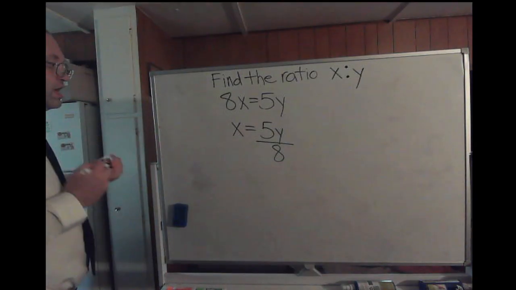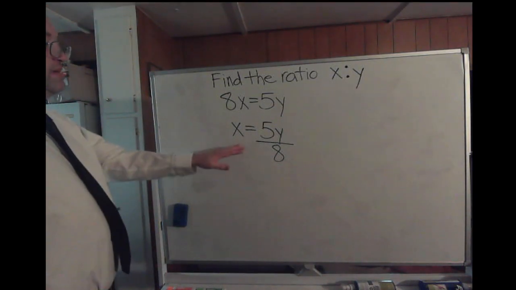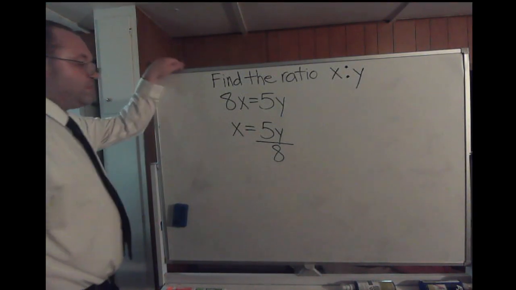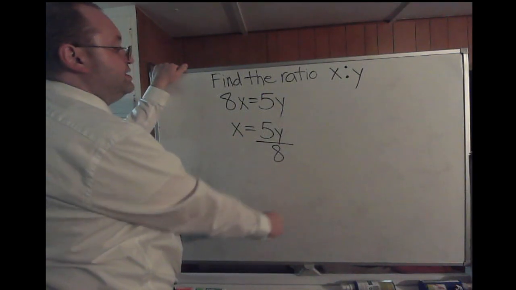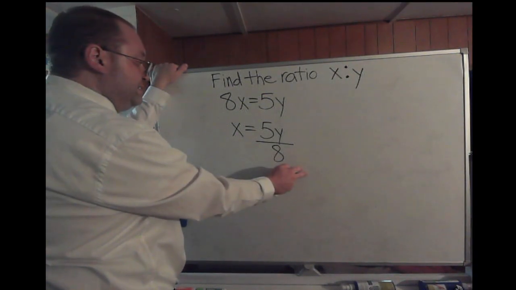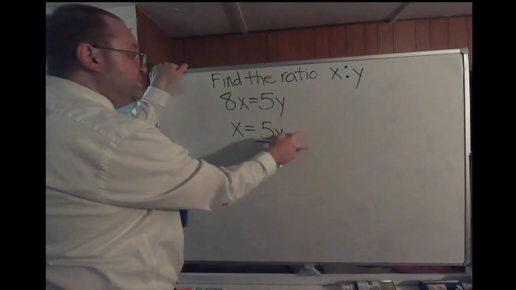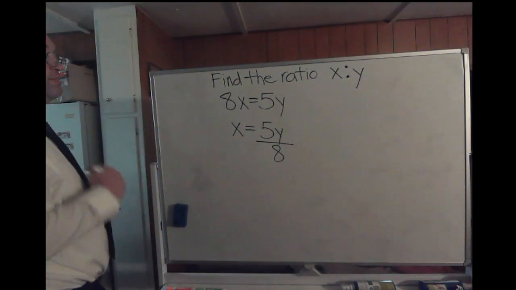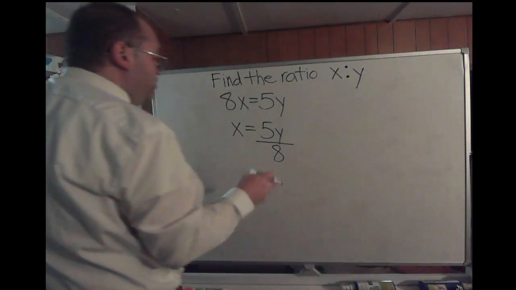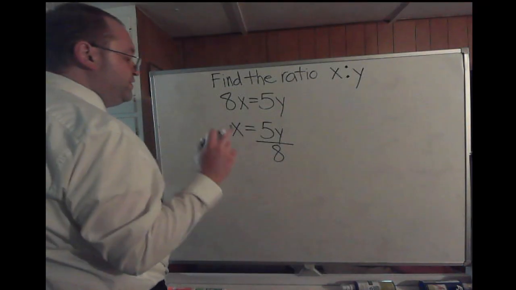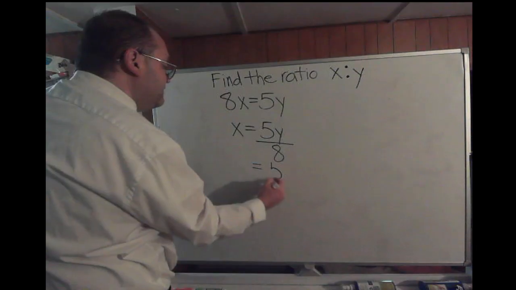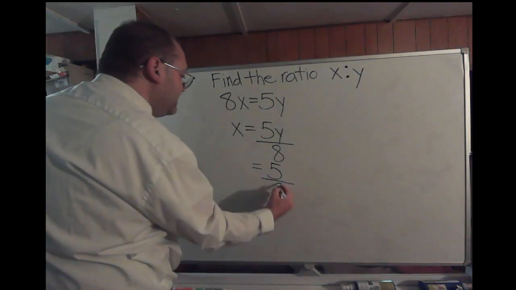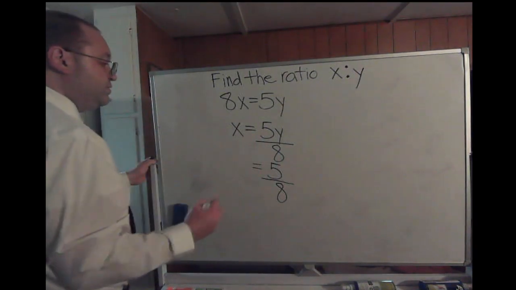Well, we want to get this to be x to y. You have the x by itself, right? In the fraction on the right hand side, your y is in the numerator, so that means you need to divide by y. If you divide the right side by y, you'll get 5 to 8. The y's will cancel out, but you have to do it to the left side.